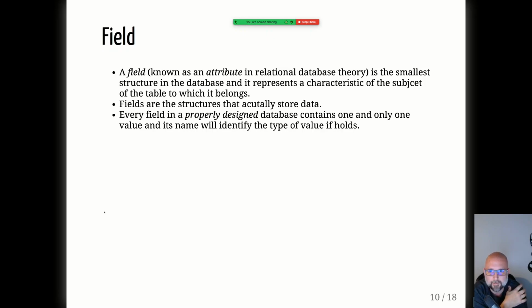Every field in a properly designed database contains one and only one value, and its name will identify the type of value it holds. So we're going to talk about database normalization at some point. And one of the normalization steps is to make sure every record has one value in each attribute.